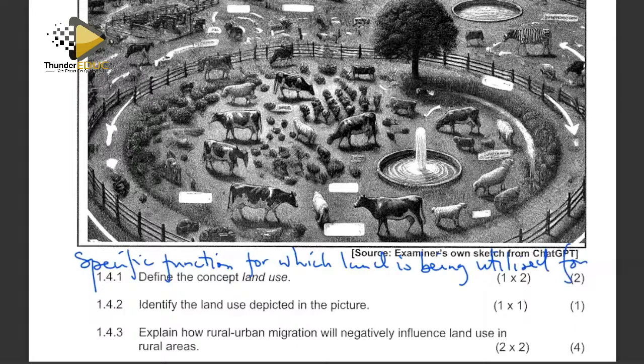Land is used for different purposes or is designated for different functions. So the concept land use asks: what is the land being used for? What is the major activity that is taking place in that particular geographical space?